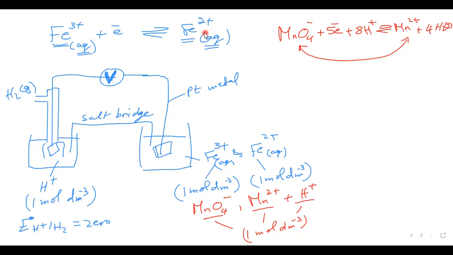So here either we put Fe3+ and Fe2+ solutions, or else for this system we should add the ions as a mixture, all of them having the same concentration, which is 1 mole per decimeter cube, and we connect them to the standard hydrogen electrode using a voltmeter. And we do not forget about the salt bridge, or else the circuit will not be complete and no reading will be measured here.